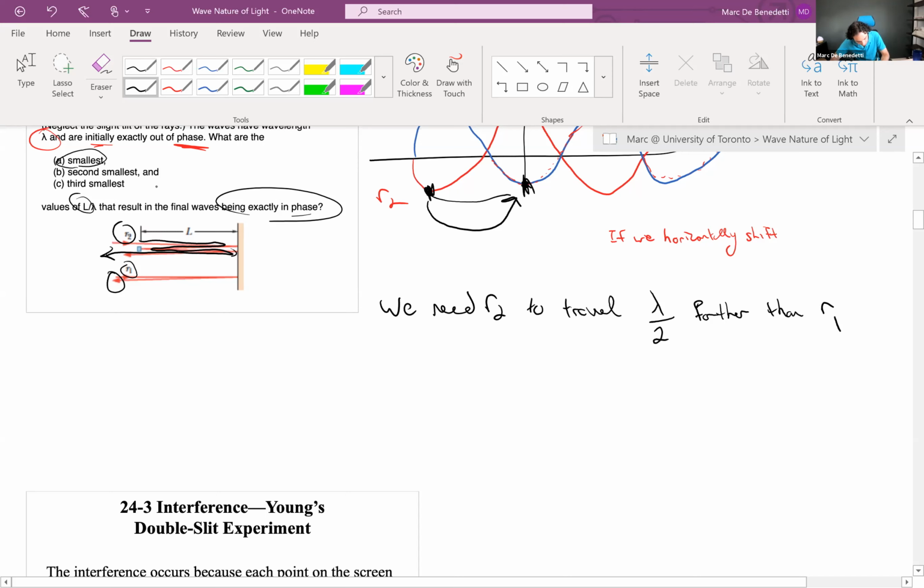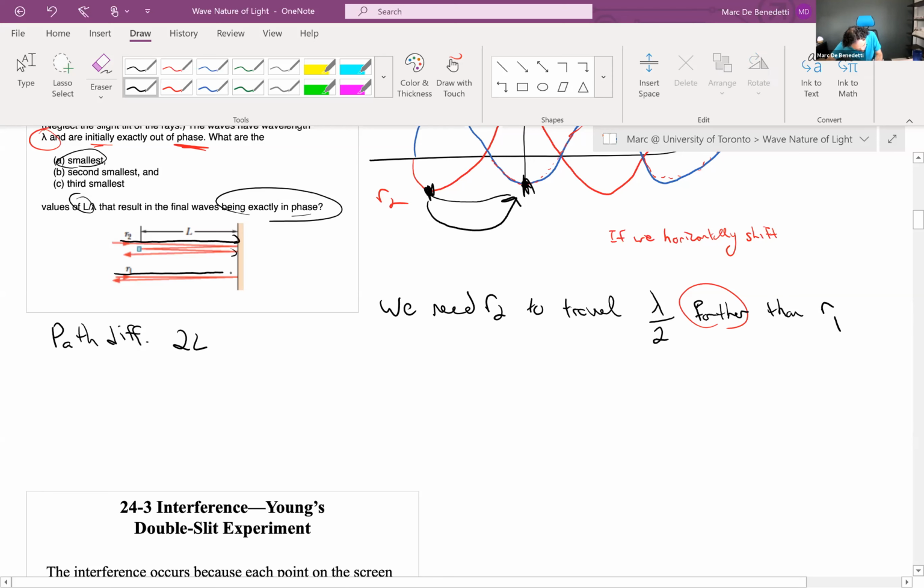Well, like I said, the path difference between ray 1 and ray 2 is going to be 2L. Ray 2 travels a distance of 2L farther than ray 1. Ray 2 travels this distance.